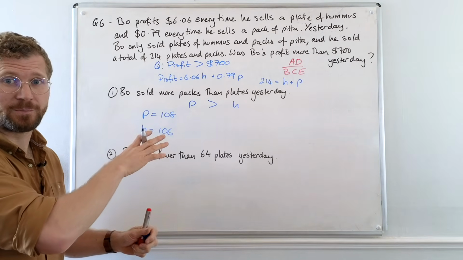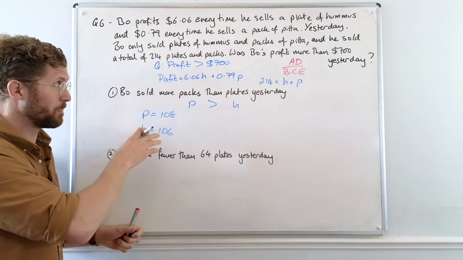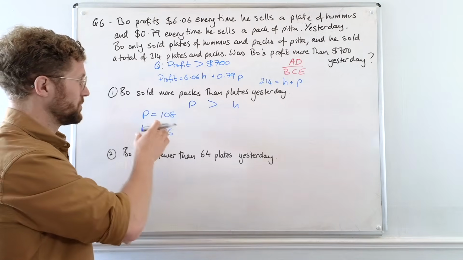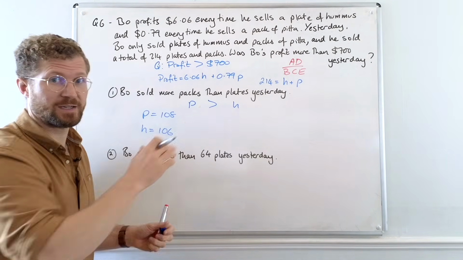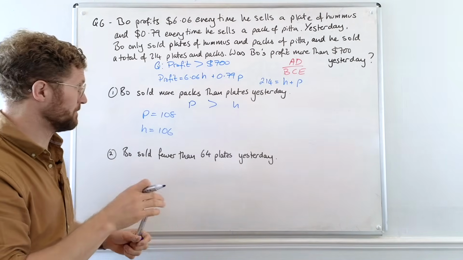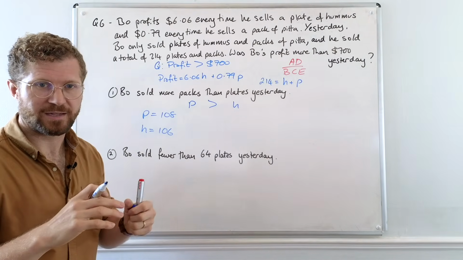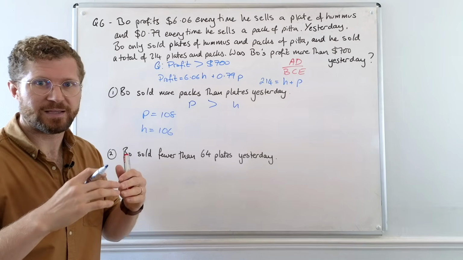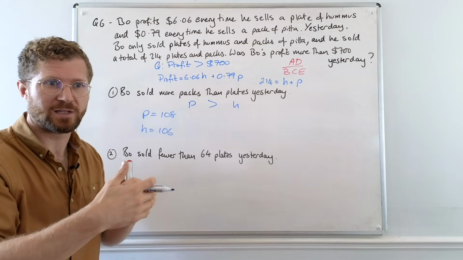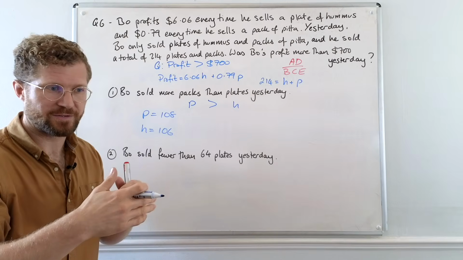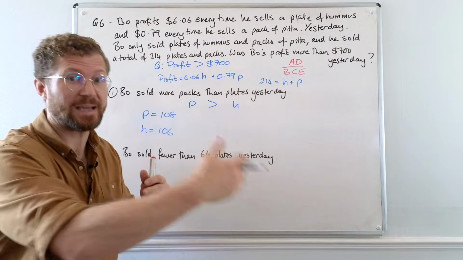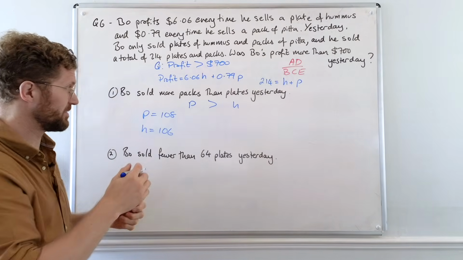But let's jump in and take a look at this scenario. Like I said, I don't want to do 108 times 0.79. That's going to be horrible. Instead, I'm going to underestimate a lot of values. If I underestimate and the overall value is still over 700, I know the real value is definitely bigger, so it's definitely over 700.